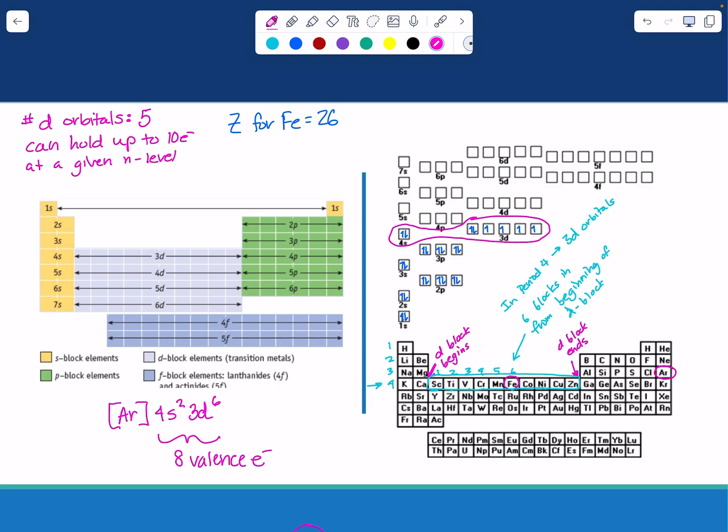This is where transition metal behavior gets a little less predictable, and where we're going to find exceptions to some of the rules. When we're asking you to do electron configurations, we're going to do the predictable ones. But again, we can double check whether we did things correctly by looking at those top numbers.